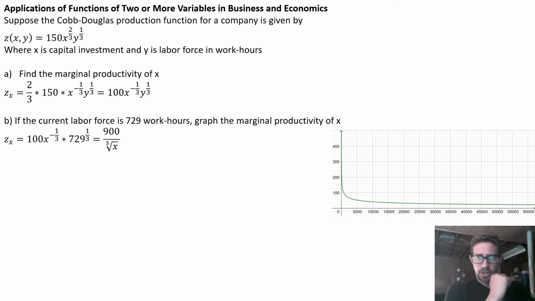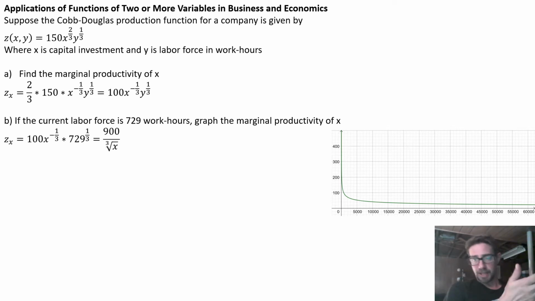We can think of what we know about asymptotes. As x goes to infinity, this marginal productivity is going to go to 0. For one thing, z_x is always positive, so the rate is always positive. The more money we pump into this company, the more productivity we're going to have, period.